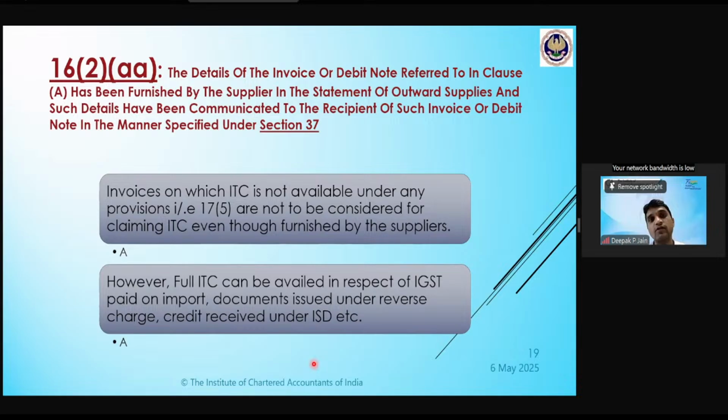This could come as a question to you, because section 37 says that apart from these 3, everything has to be uploaded in the GSTR 1. So the ITC can be availed in respect of IGST paid on import, reverse charge mechanism and ISD without appearing in the GSTR 2B.